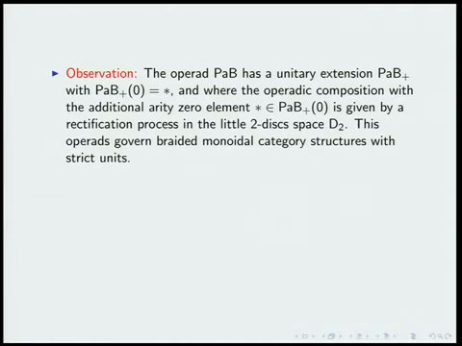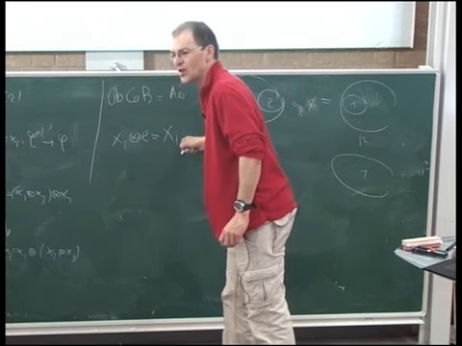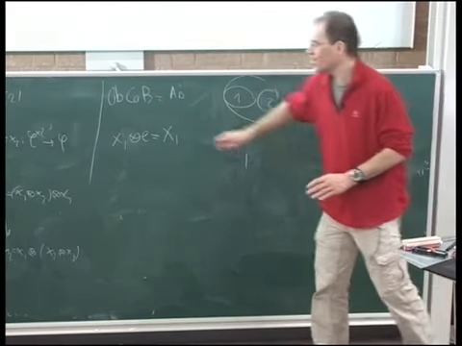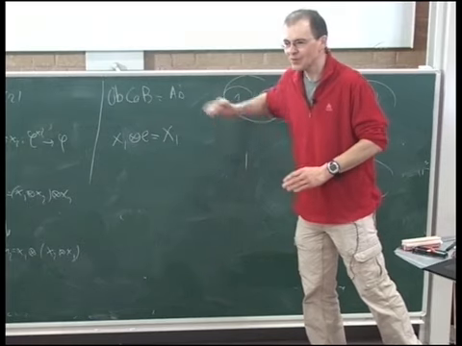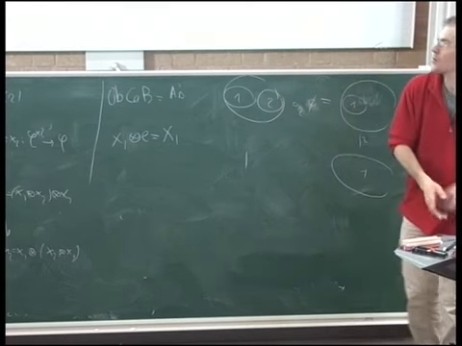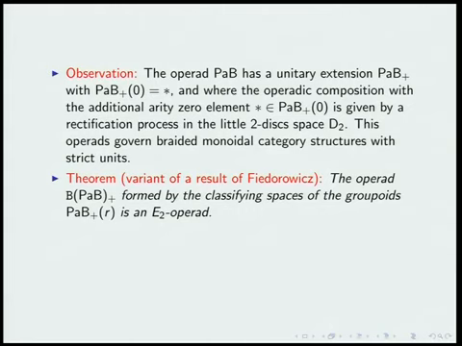So it's an operad that governs braided monoidal categories with strict units. Means that if you take x1 tensor E, you get exactly x1, not an object isomorphic to x1. So at some point I need to rigidify the process, and to rigidify the process, I implement artificially strict units in my operads. Okay, so this statement can be deduced from Fedorovich recognition criterion.